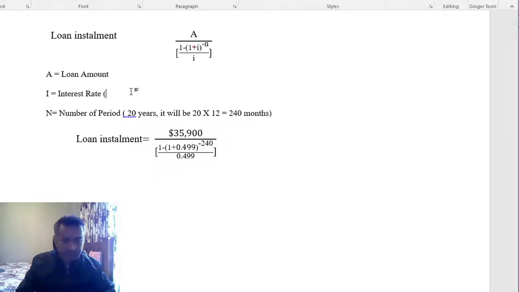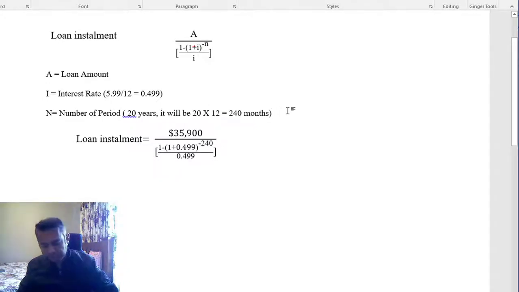Interest rate, as we know, it is special interest rate, which is 5.99%. Then we'll divide it by 12 months, so it will be, I think, 0.499%. That is the interest rate, and others remain the same.